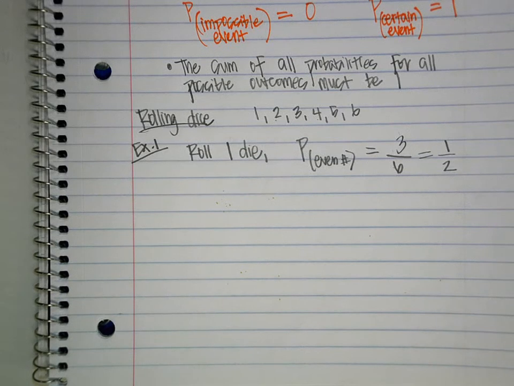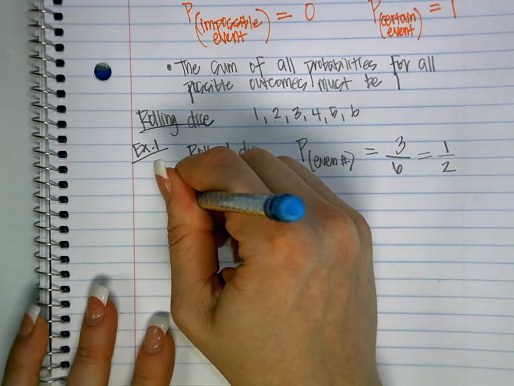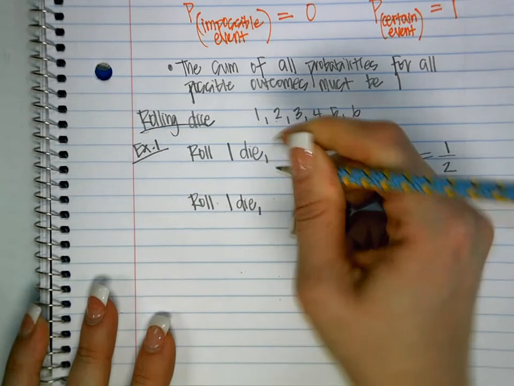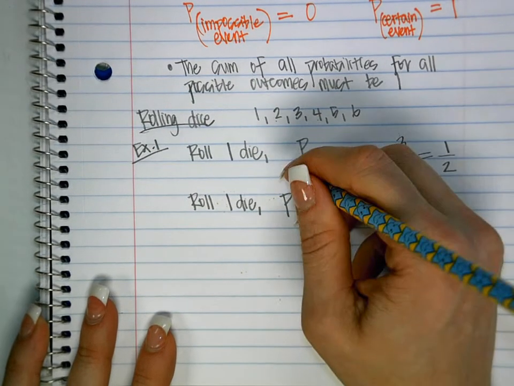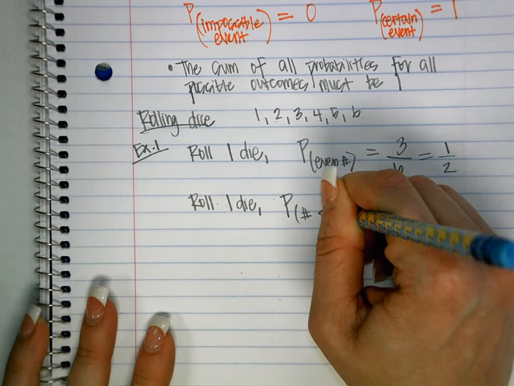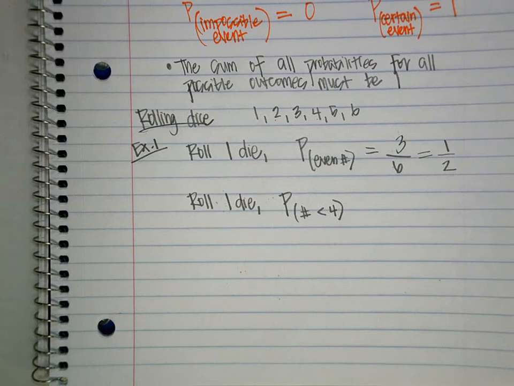Let's try another one. Roll one die again. I want you to find the probability of getting a number less than 4.